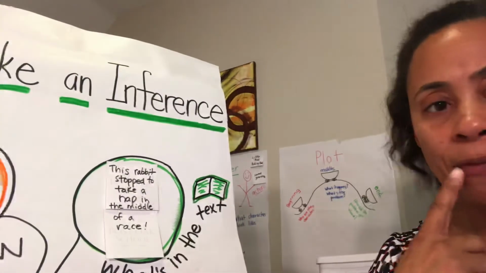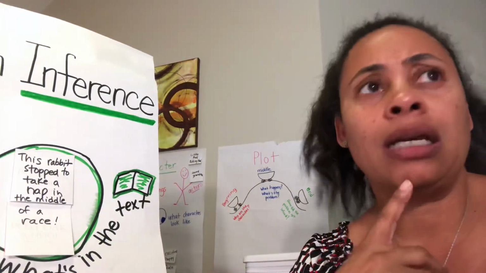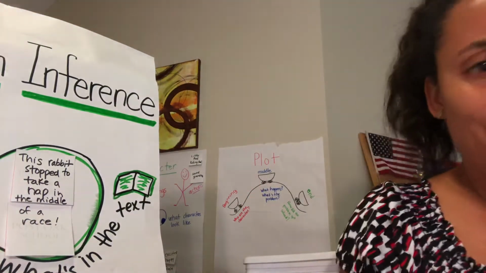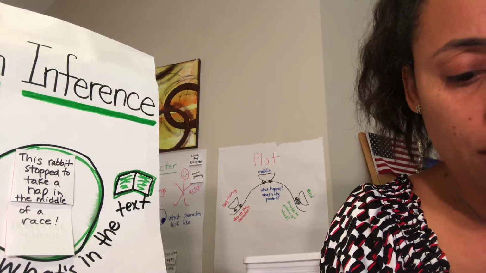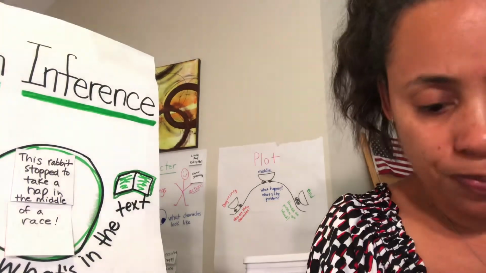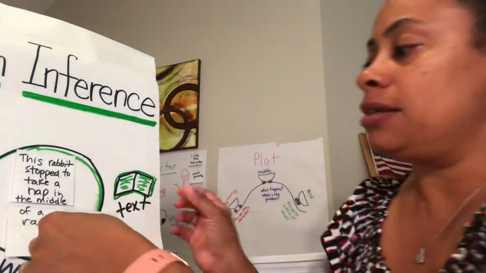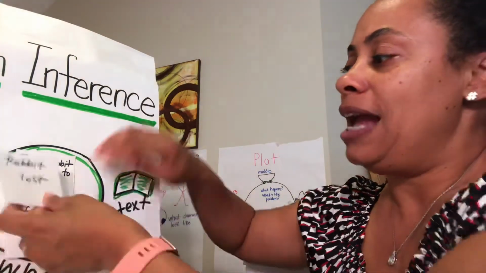What else happened with that rabbit? Any other ideas? Yes, the rabbit lost the race. Oh my goodness. The rabbit lost the race to a turtle. I'm writing that down. Rabbit lost. That's what's in my book.